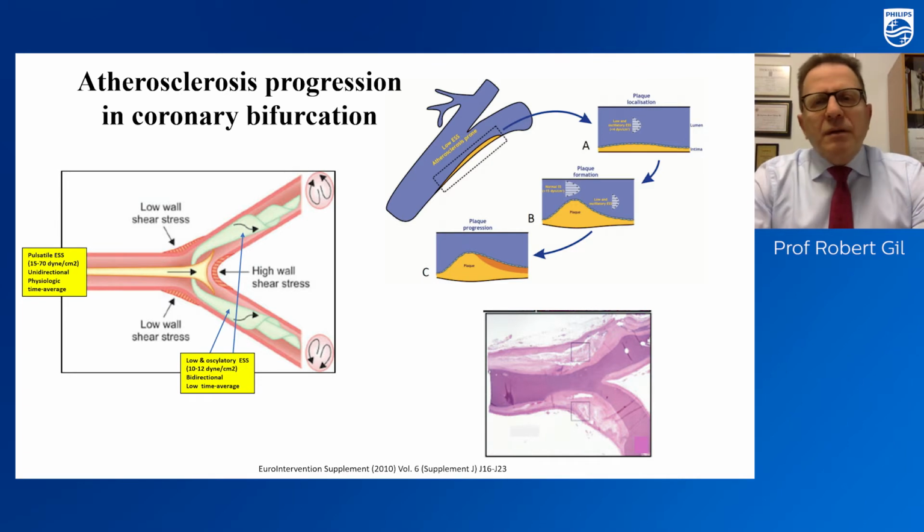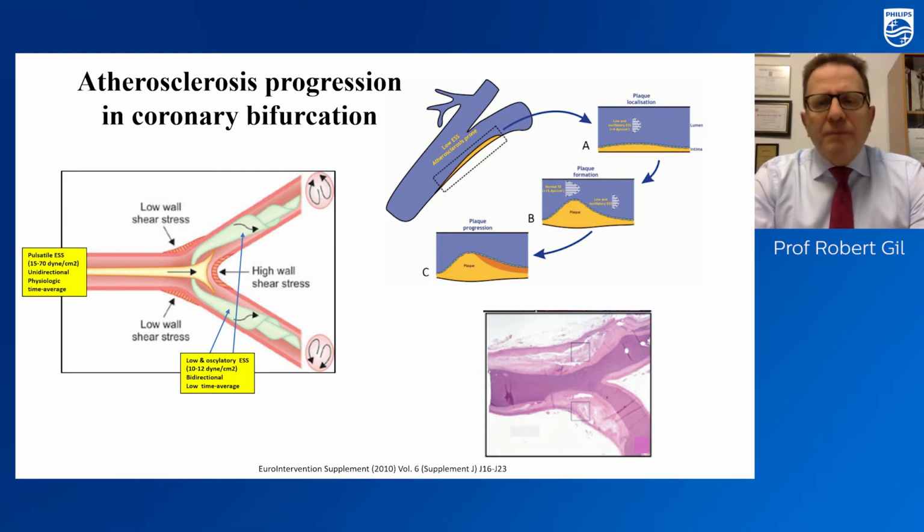The next point, which is very important and should be considered by every interventionalist, is knowledge about atherosclerosis progression in coronary bifurcations. We have to take into account that, based mainly on coronary angiography, we can miss the real size and the real plaque distribution within the coronary vessels.